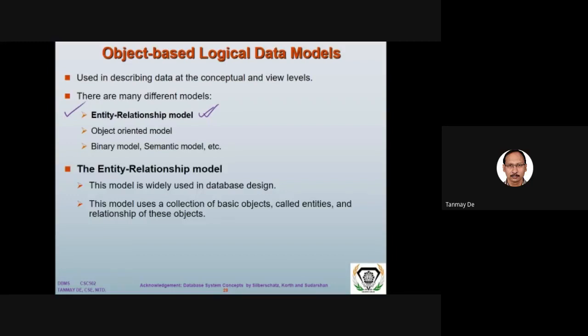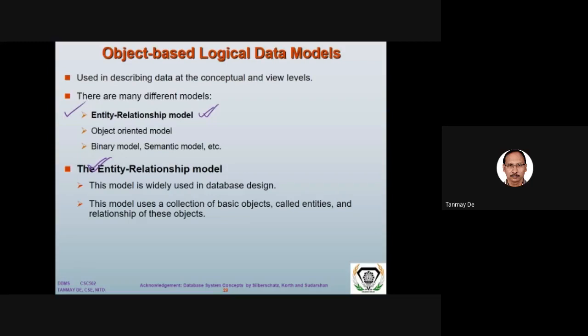So the ER data model or ER model is based on the perception of the real world, which consists of a collection of basic objects, and those basic objects are called here entities. Okay, basic objects are called entities, and the relationships among these objects.